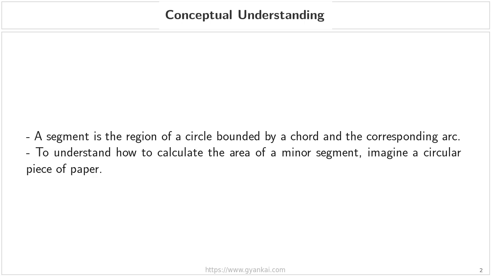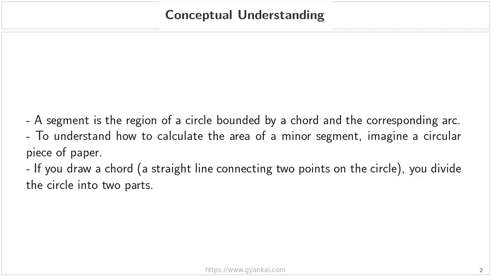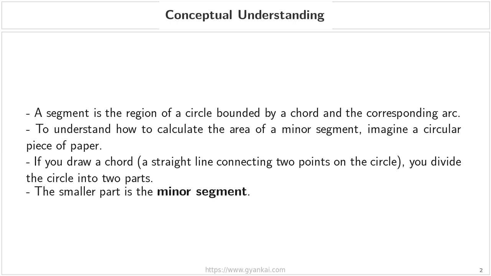To make this easier to visualize, imagine you are holding a circular piece of paper. If you take a ruler and draw a chord, which is just a straight line connecting any 2 points on the edge of your circle, you will notice that the circle is now divided into 2 distinct parts. The smaller of these 2 parts is what we call the minor segment.